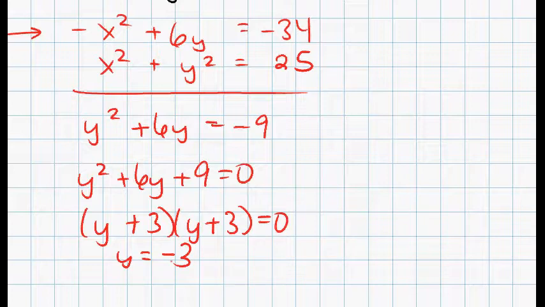It's better to plug this answer into the more linear of your two equations. It gives you less answers. So if you plug -3 back into the problem, you get that x squared plus 18 equals 34.